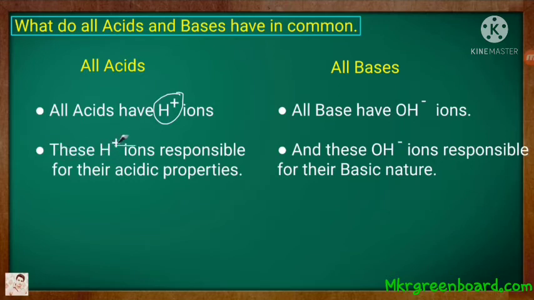These H+ ions are responsible for their acidic properties. Because of H+ ions only, we call them acidic properties. In the case of bases, all bases have OH- ions. These OH- ions are the main characteristic of bases, and they are responsible for basic nature.